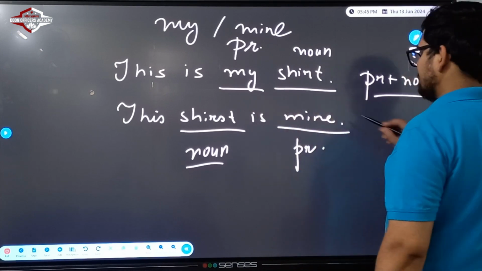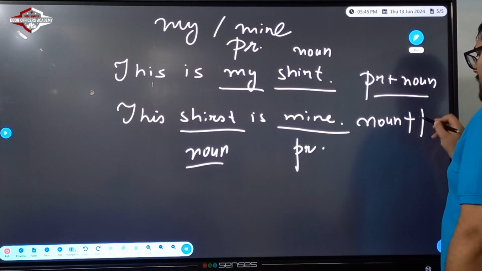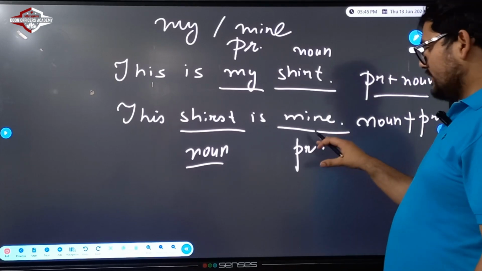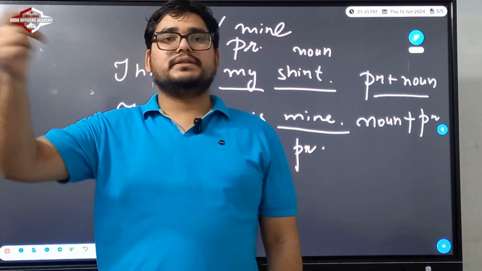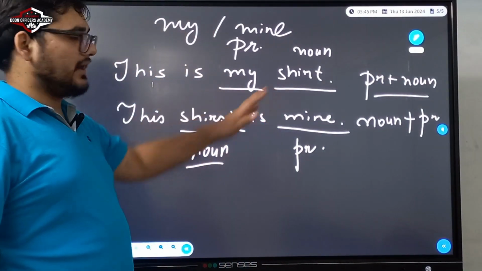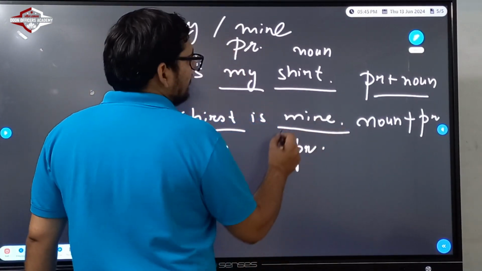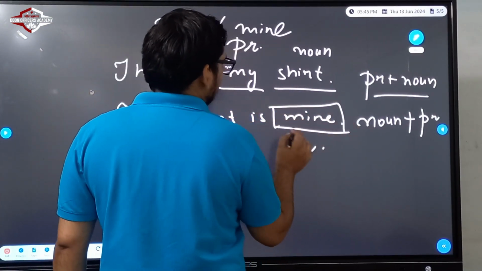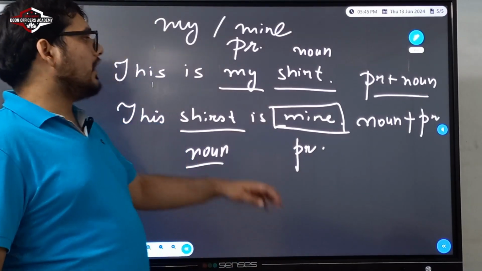But in this case, you have the opposite. Here you have noun plus pronoun. So you have the pronoun located after the noun, shirt, mine, right? So if you see, this acts independently.